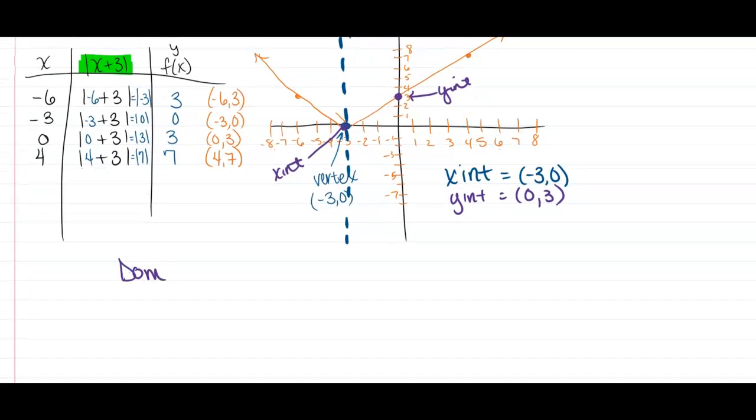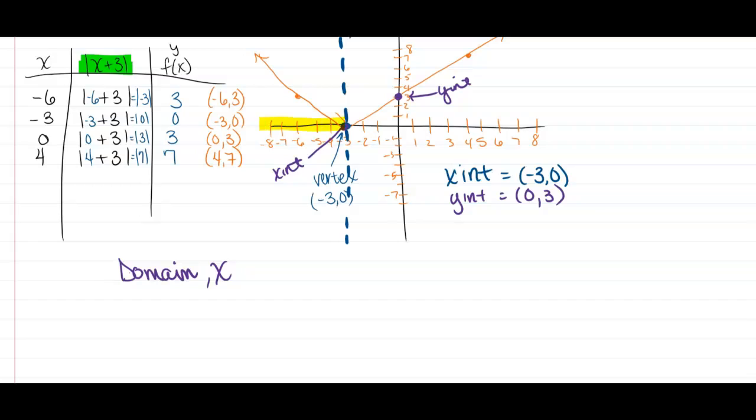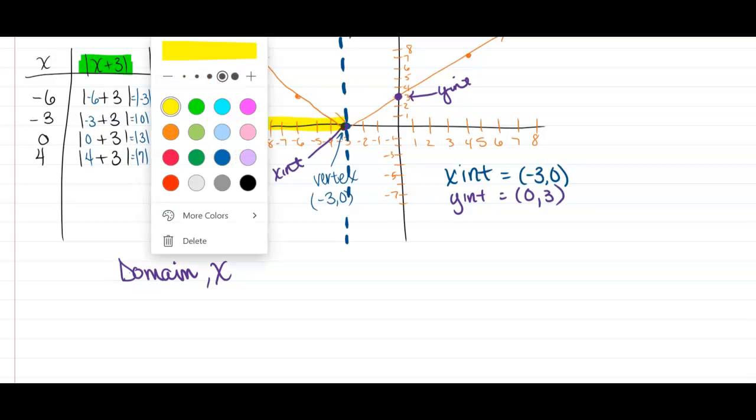So domain again is your x values. So we want to look for the furthest point on the left to give us the lowest x value, and that is negative infinity, because there's an arrow, it goes on forever.